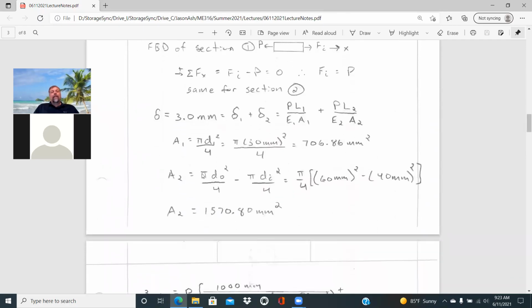And then for the monel nickel, since it's a tube, it would just be pi times the outer diameter squared over 4 minus pi times the inner diameter squared over 4. And again, outer diameter is 60 millimeters and inner diameter is 40. And we end up with an area a little over 1,570 millimeters squared.